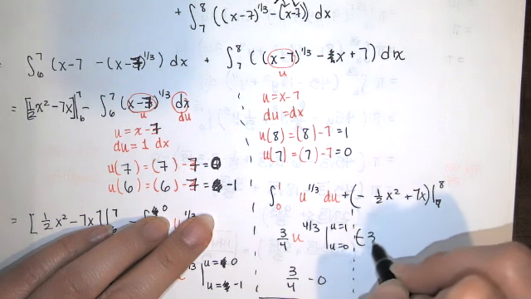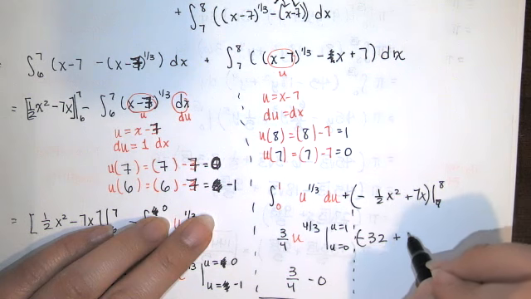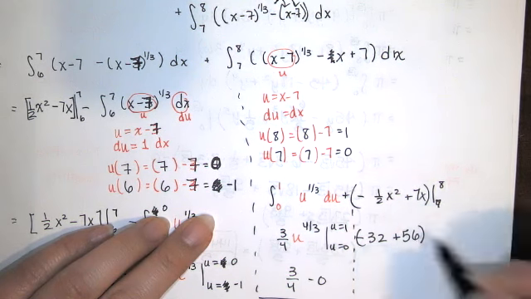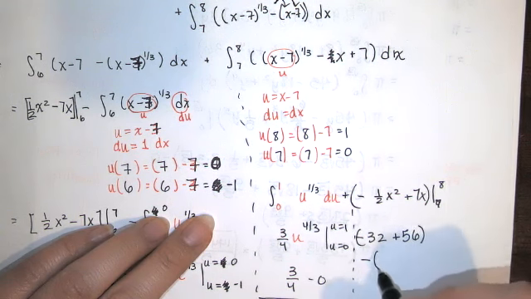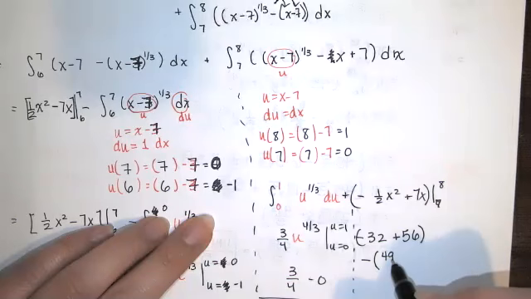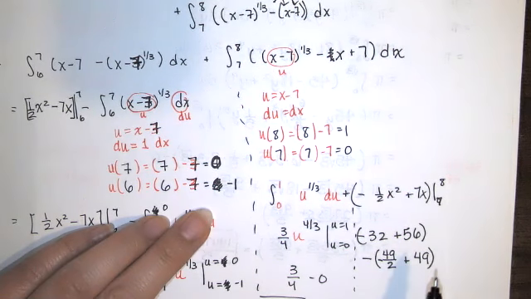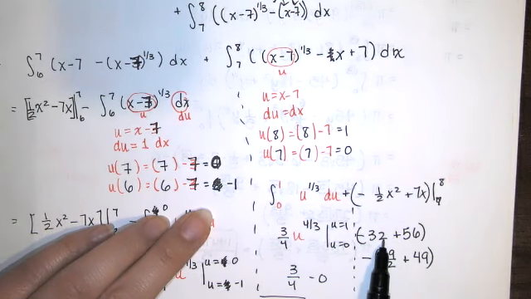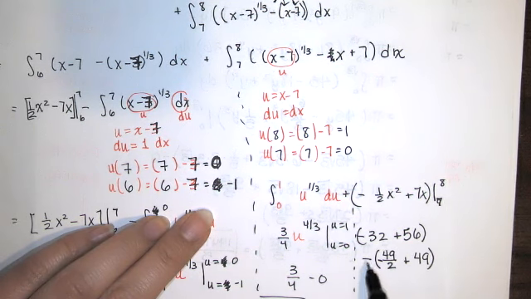And we've got a negative sign, so it's going to be a negative 32, plus 8 times 7, which is 56. And then we're going to subtract this evaluated at x equals 7, 49 over 2. It's negative 49 over 2, plus 7 times 7, which is 49. So we end up with 56 minus 32, which is 24. And then we're subtracting 49 minus half of 49, which is half of 49.